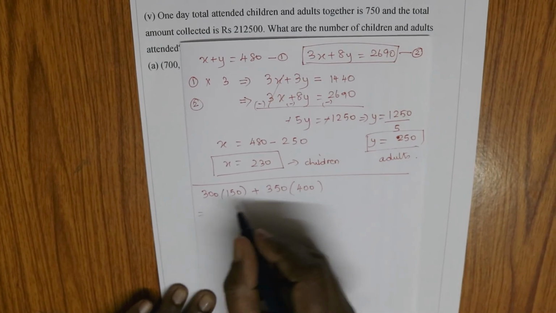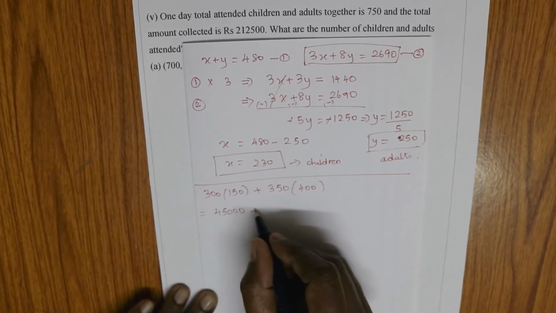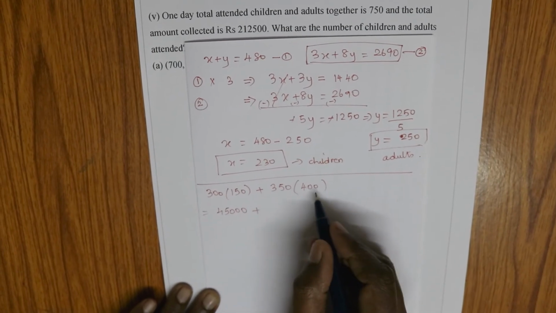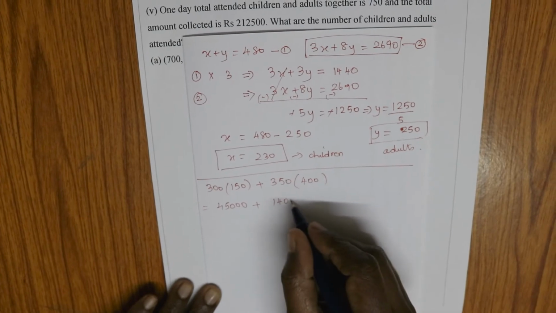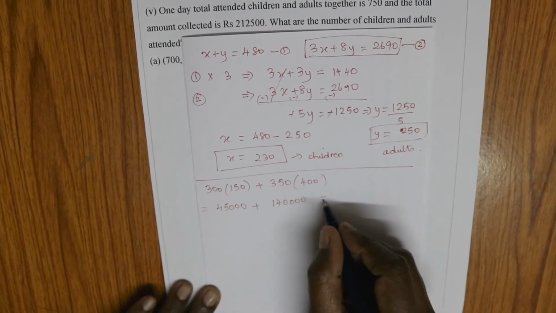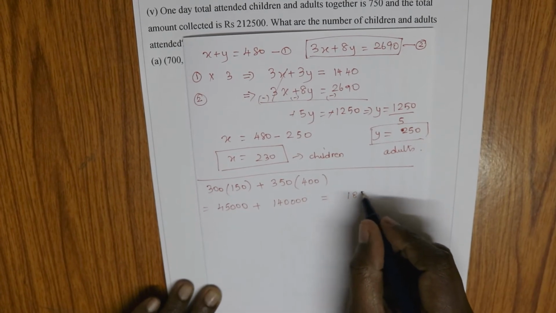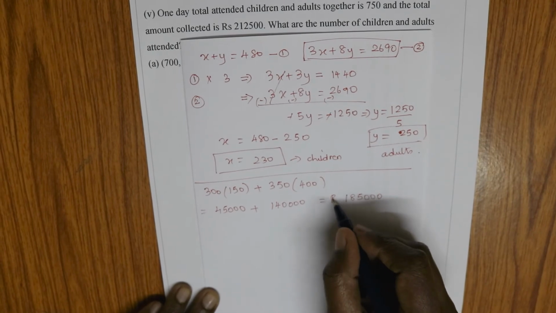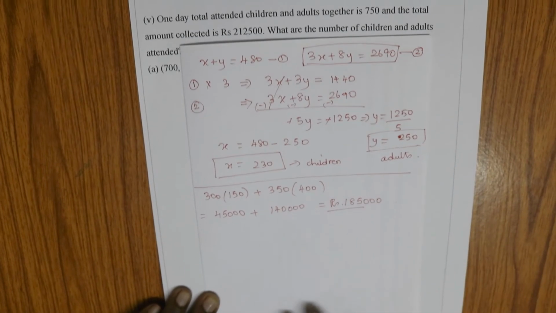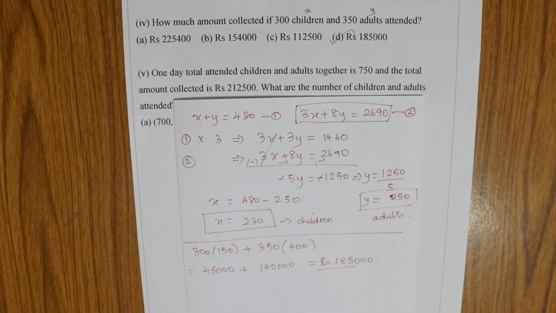Now 15 3s are 45 followed by 3 zeros. 35 4s are 140, so you will have 140 followed by 3 zeros. So totally when you add both, you will have 185,000. So this is the rupees, the amount that is getting collected. Out of this, which option will be correct? Option D will be correct.